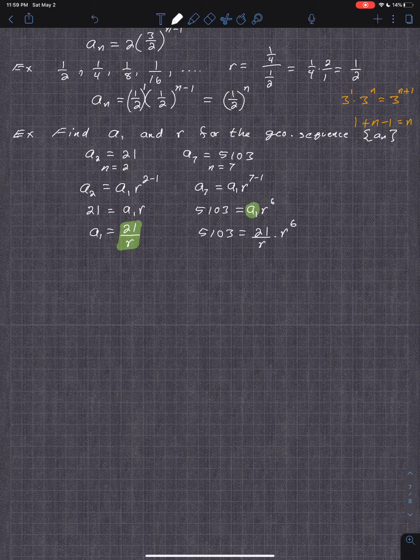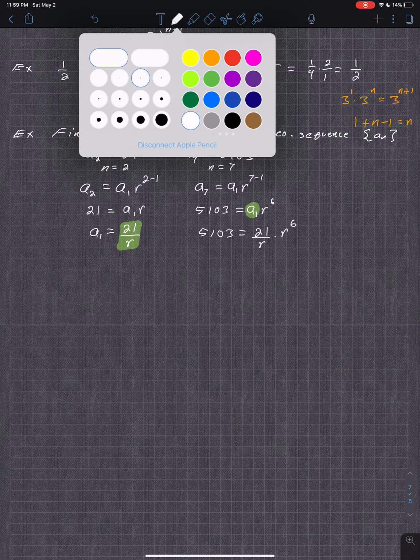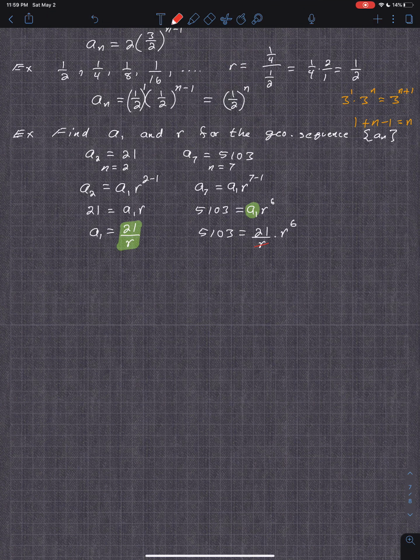So you reduce that. So this and this simplifies, makes that a 5. Subtracting exponents. And so you get 5,103 equal to 21R to the 5th.